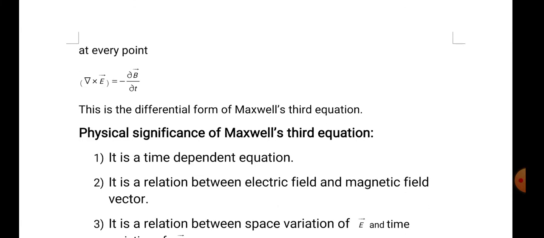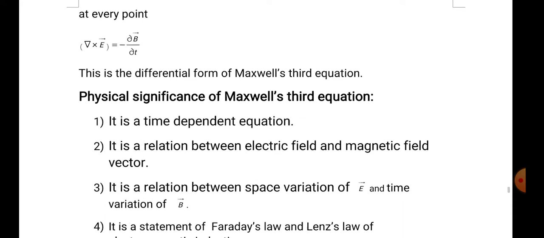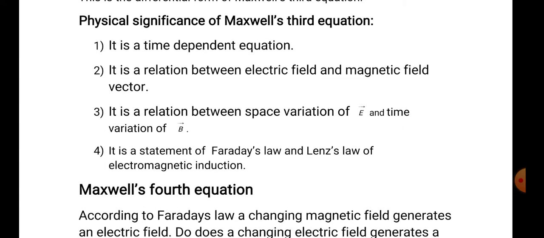It is the relation between the electric field and the magnetic vector, because the left hand side of equation 3, curl of E, is equal to minus del B by del t. It is the relation between the space variations of E bar and the time variations of B bar. It is the statement of Faraday's law.